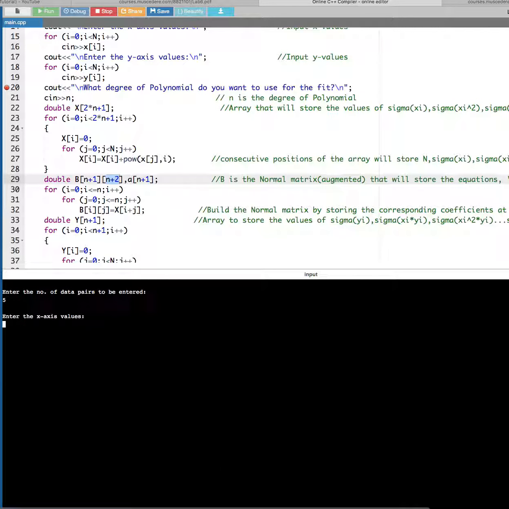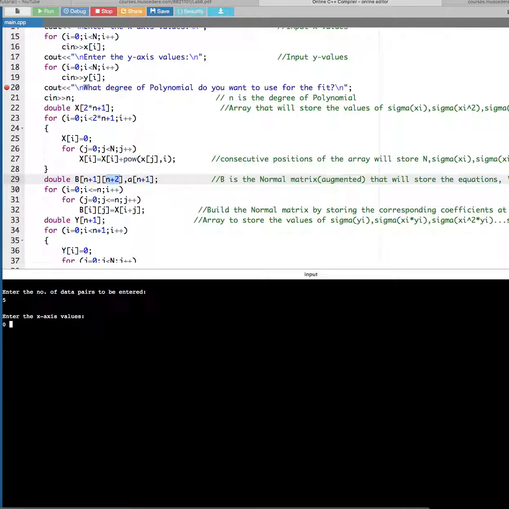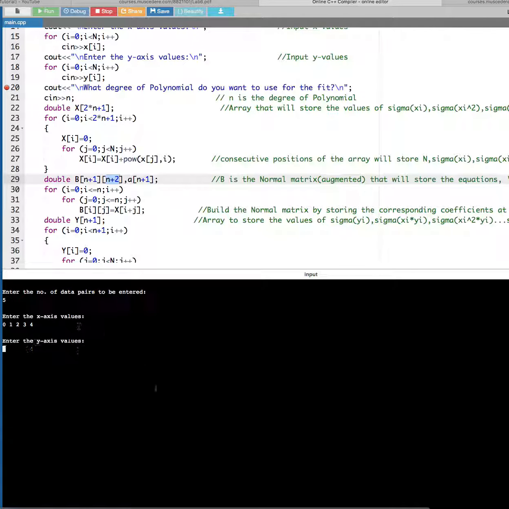5. And here we have x values 0, 1, 2, 3, 4. And the next one is y values.